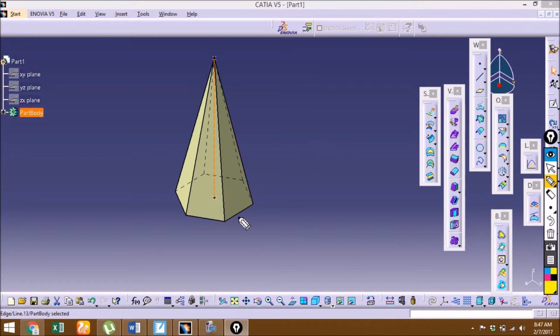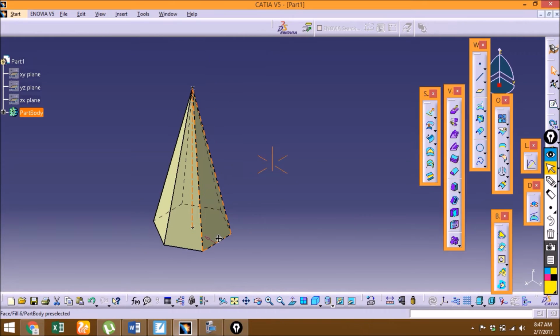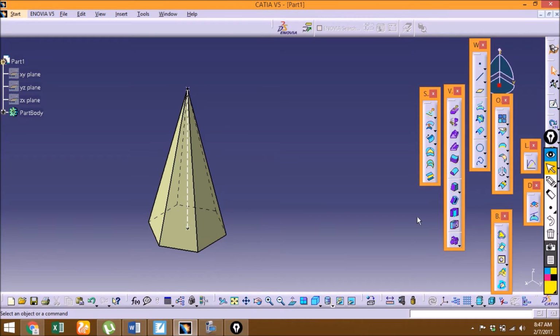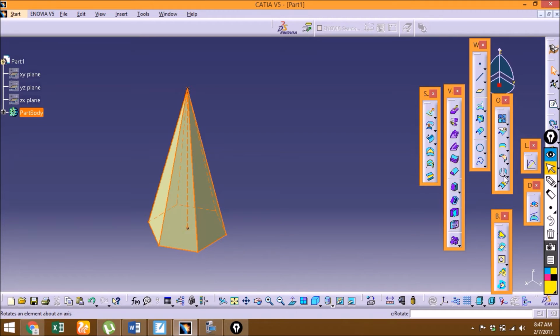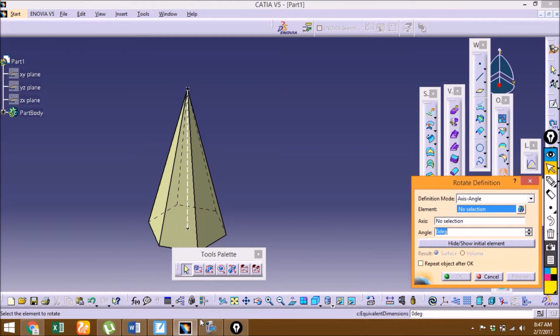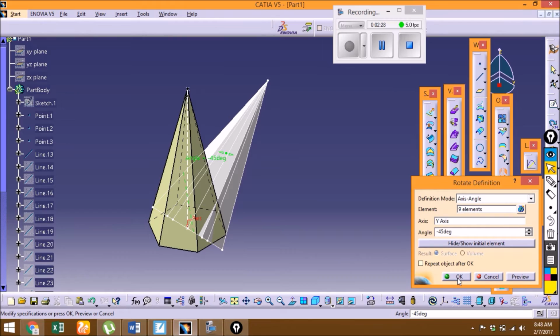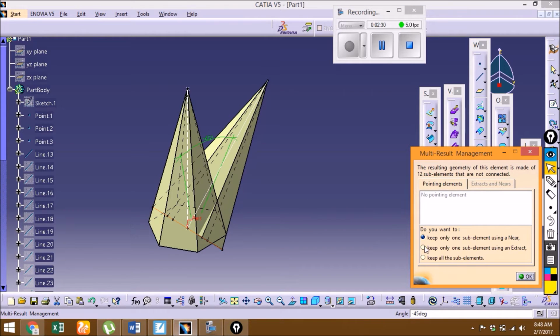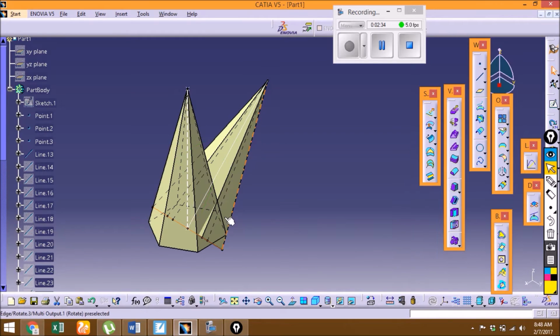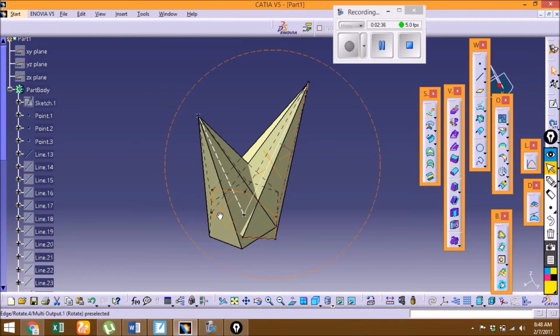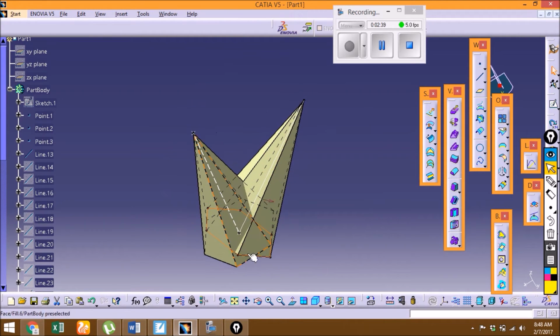Now just see, this is the initial position, and now I'm rotating it by 45 degrees. The initial figure is kept as it is, and this is what the rotation will become.